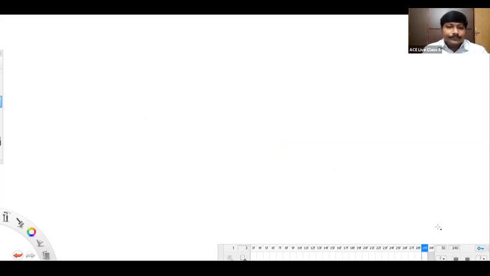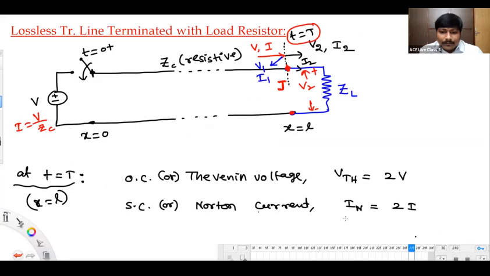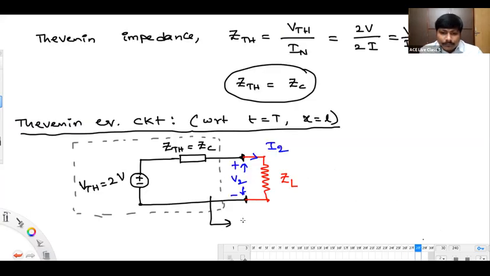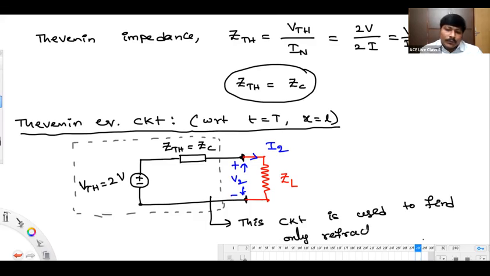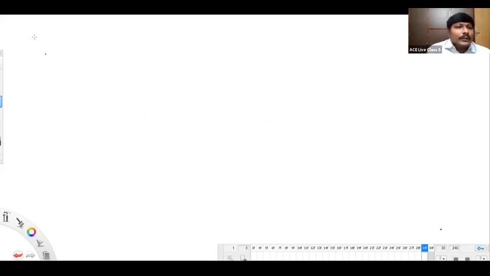So let's say, first I'll write this circuit is used to find only refracted quantities V2, I2. And you can say reflection will be equal to refraction minus incident.